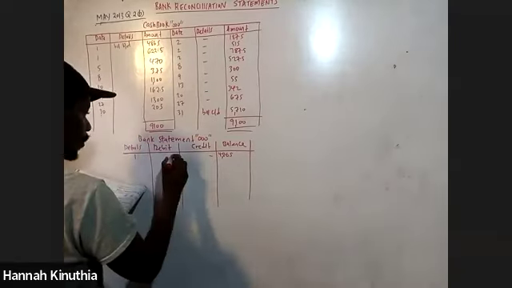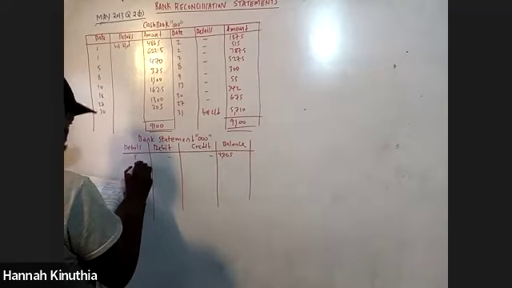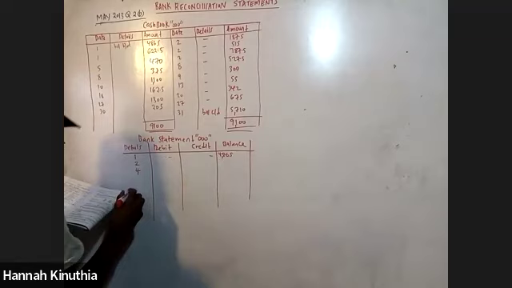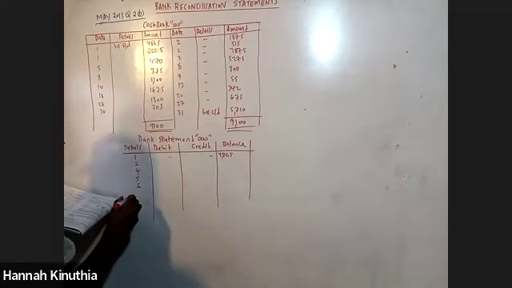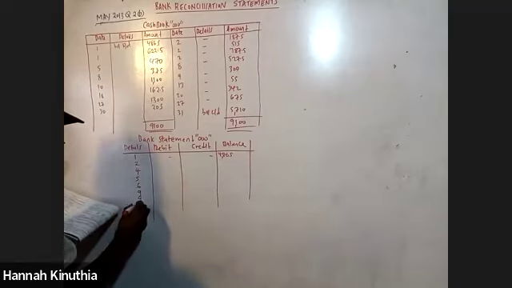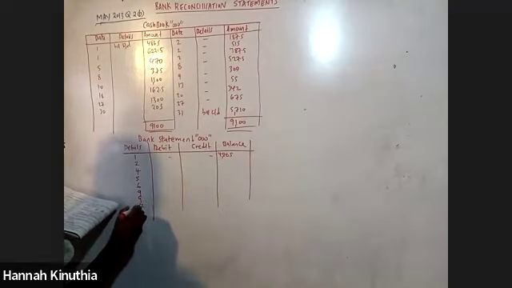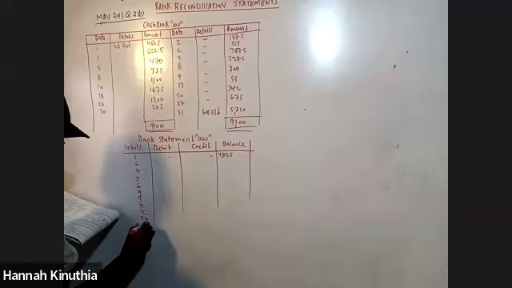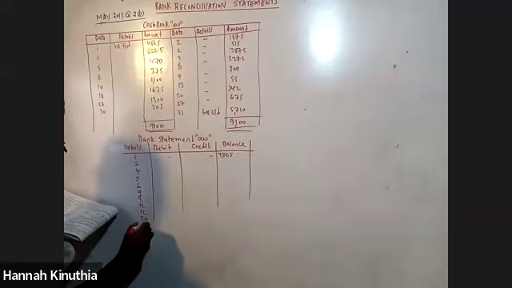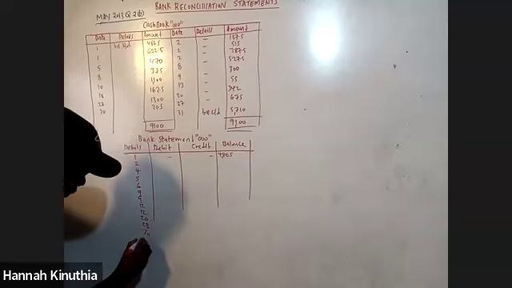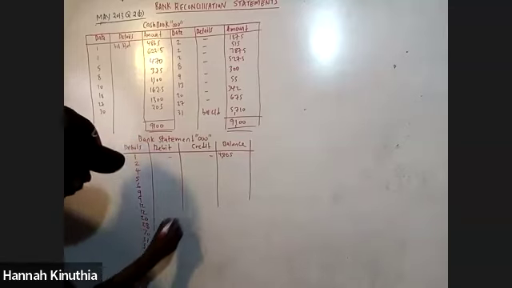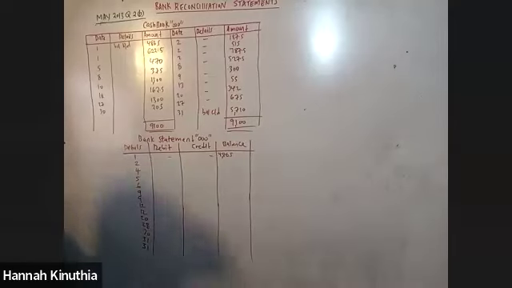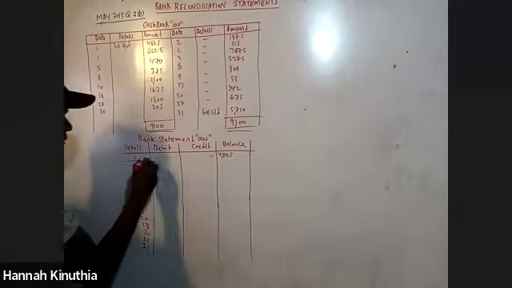Haya, hata tuone zingine kazi zitatoshea. Date: 1, 2, 4, 5, 6, 9, 12, 20, 28, 30, 31. Inakaa hivyo. Sawa sawa.